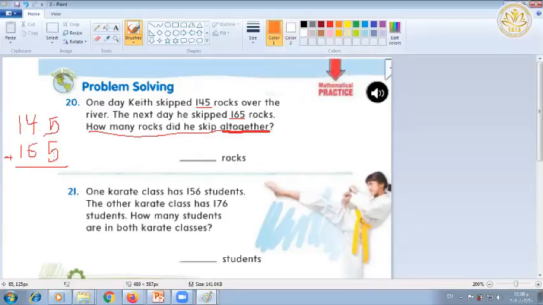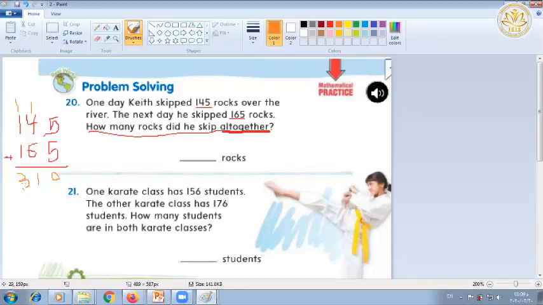Here, 5 plus 5 equal 10. Here is 0 and 1, 10. 1 plus 4 equal 5. 5 plus 6 equal 11. That means I put the 10 with the tens, and I put the 100 I have with the hundreds. 1 plus 1 equal 2. 2 and 1 equal 3 here.